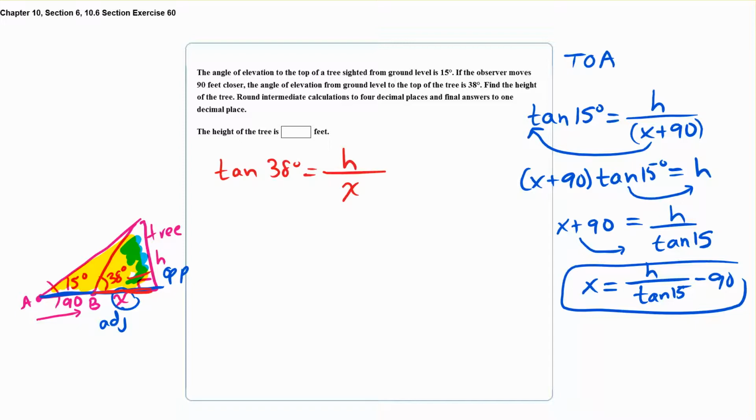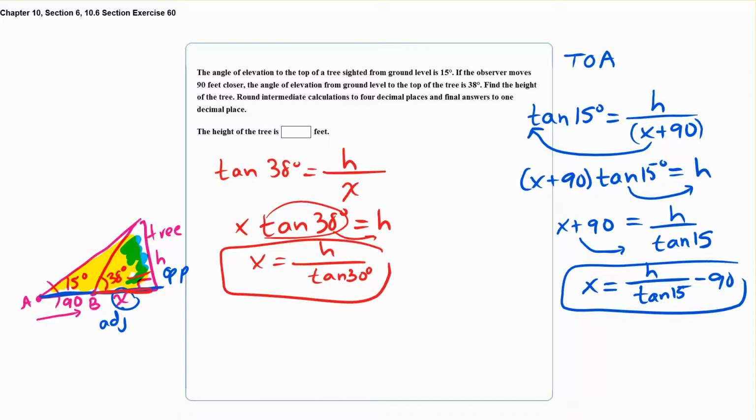So we multiply by x: x times tangent of 38 degrees equals h. So here we have an equation where we know what h is in terms of x. Let's go ahead and solve this equation for x as well. So x would be h, and we're going to move tangent 38 and divide it over. h divided by tangent of 38 degrees.